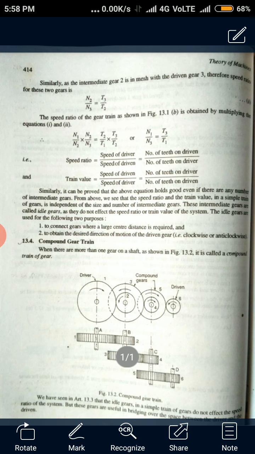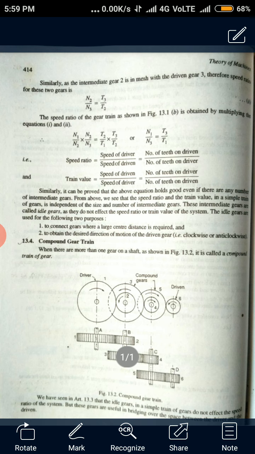A compound gear train. Now you see in the sketch given, we have four shafts here: shaft A, shaft B, shaft C, and shaft D. Shaft A has only one gear, that is the driver. Shaft B, you see here, has two gears, gear 2 and gear 3. So this is called a compound gear, because on one shaft we have two gears.